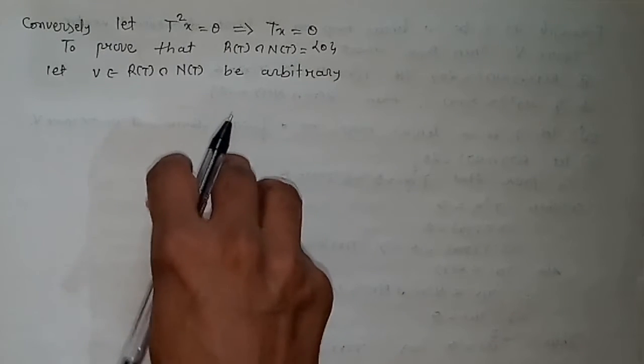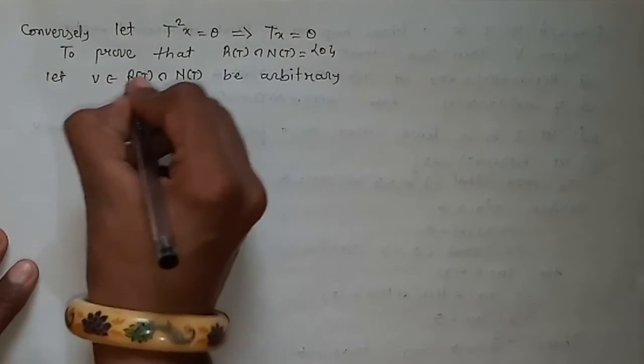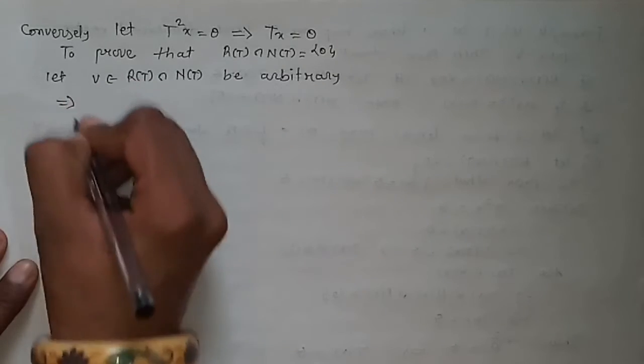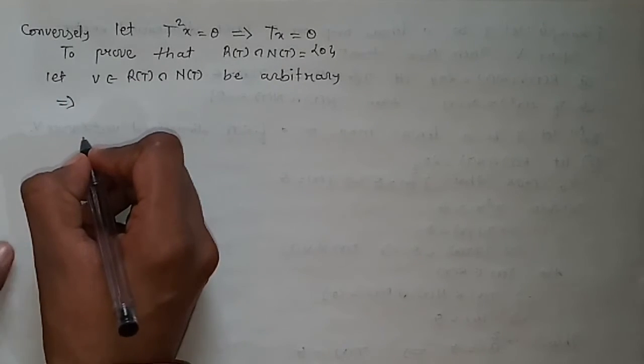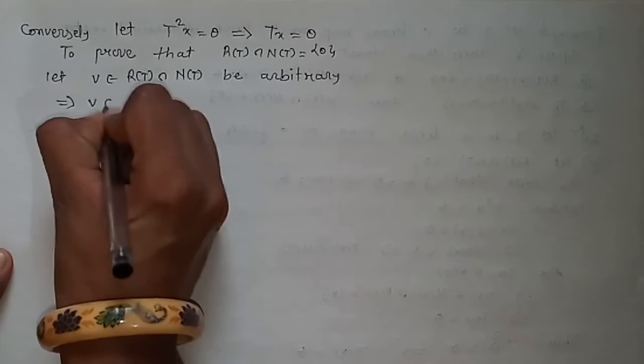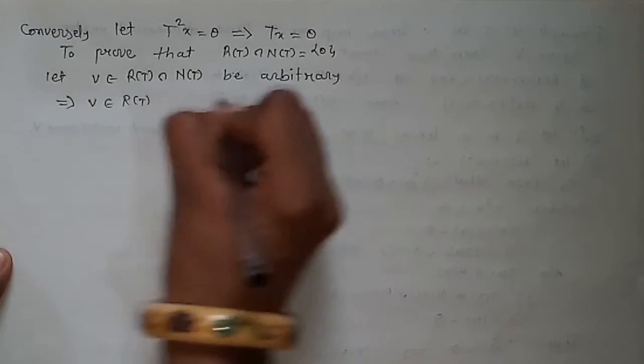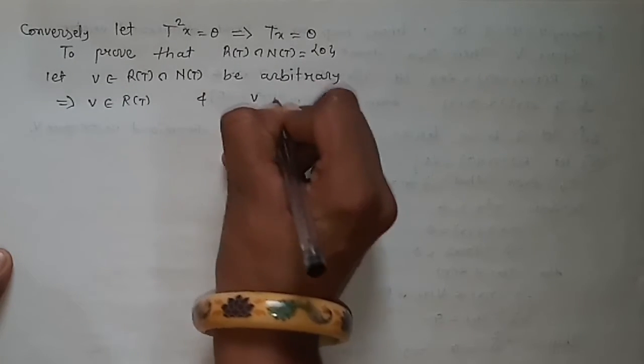Here we are assuming that V is any element belonging to the intersection of both R of T and N of T. Then if V is nothing but 0, then it will be proved that range of T and nullity of T intersect only in the zero element. If V belongs to R of T and N of T, this implies that V belongs to R of T and V belongs to N of T.